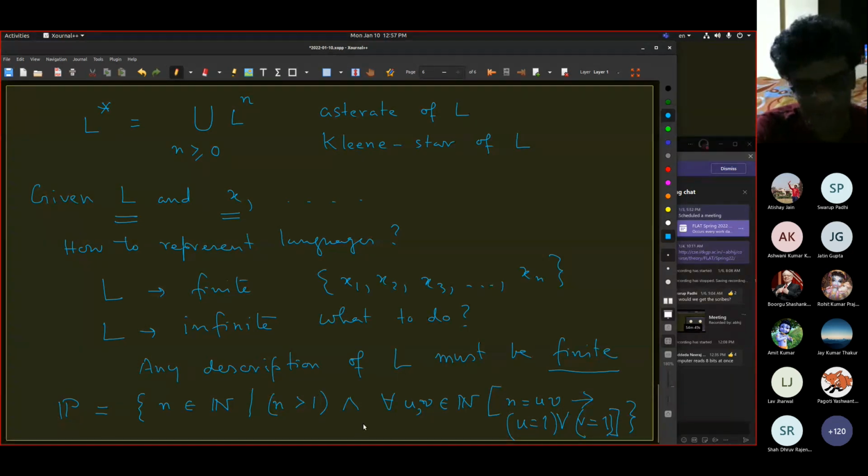So this is a finite representation of the set of all primes. We can do this for some infinite languages, but not all of them, right? Maybe I am running out of time, so tomorrow I will spend some 15-20 minutes completing this issue.